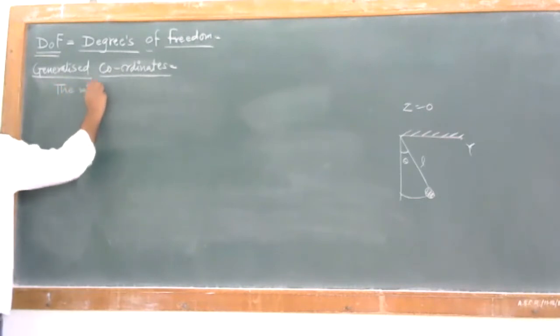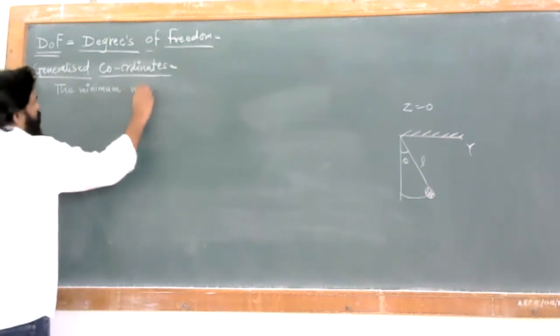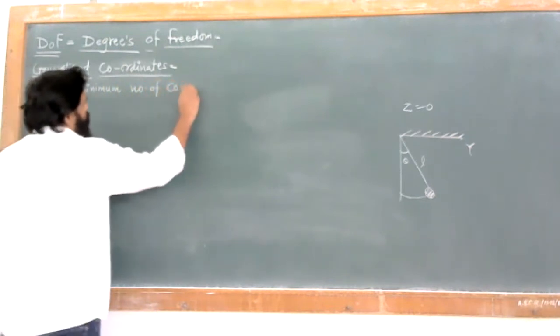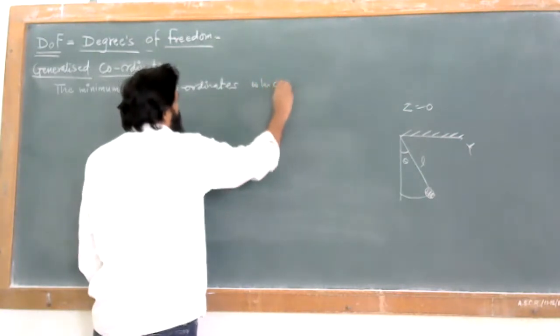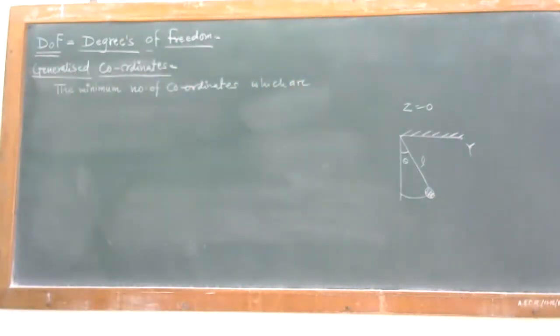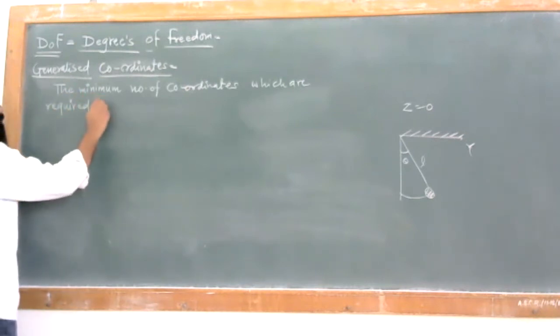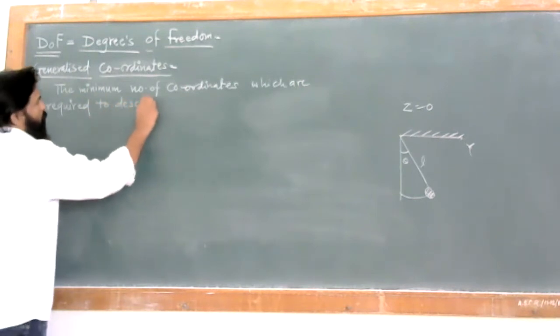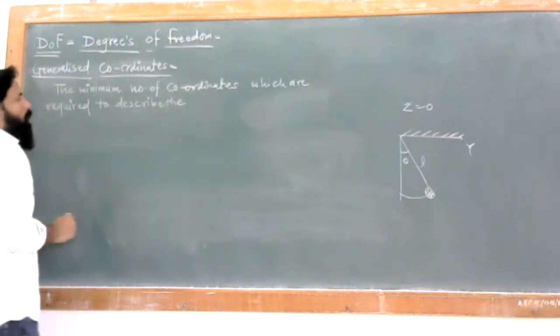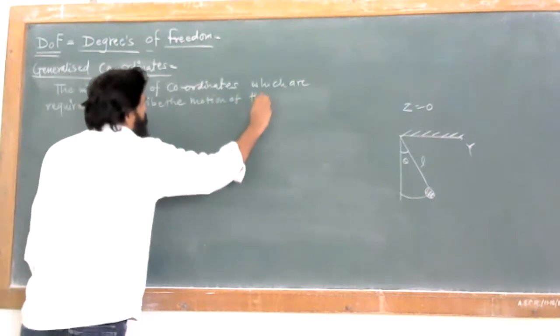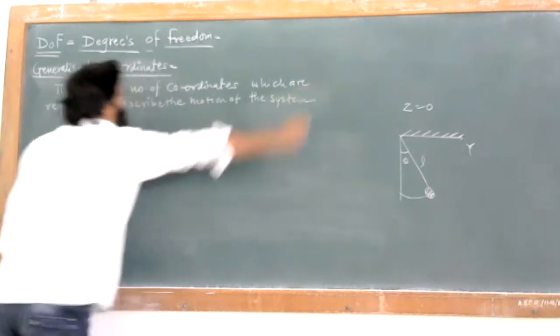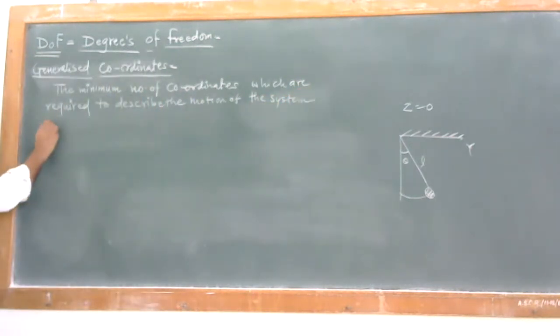So this is the minimum number of coordinates which are required to describe the motion of the system at any time.